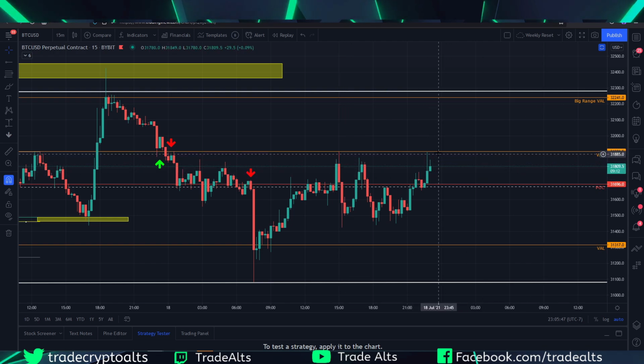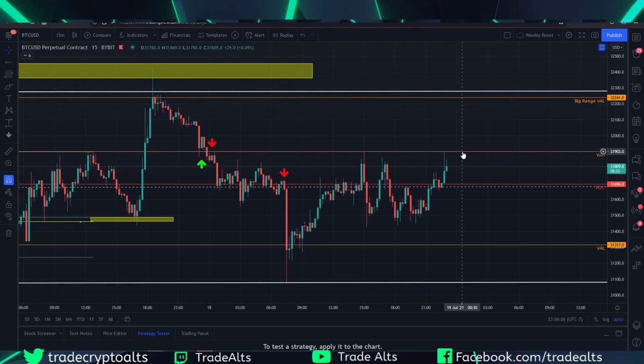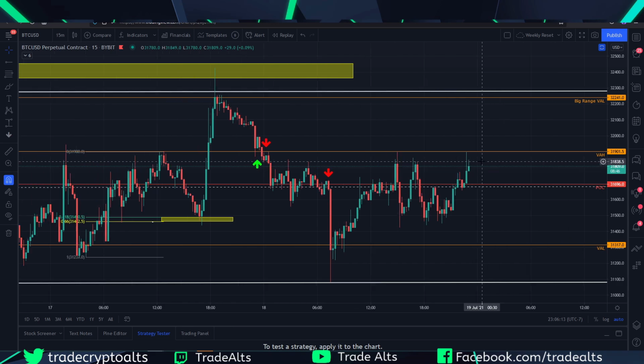So if we're able to push up and reclaim value area high, then you're looking to your next level above, which is the value area low of the entire last 2 months of price action. This level is very critical, along with the top of your channel. So you have this little zone. If we break value area high, I'm looking up here, because I'm trading very much level to level.